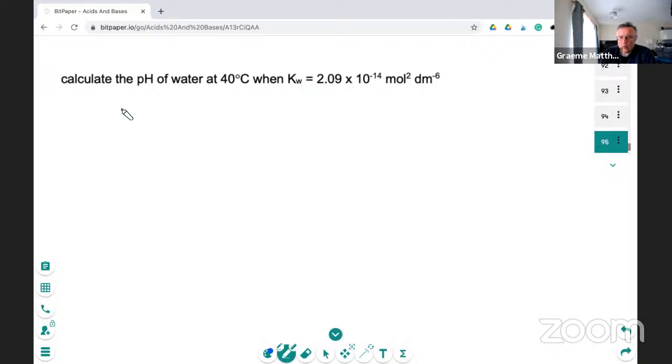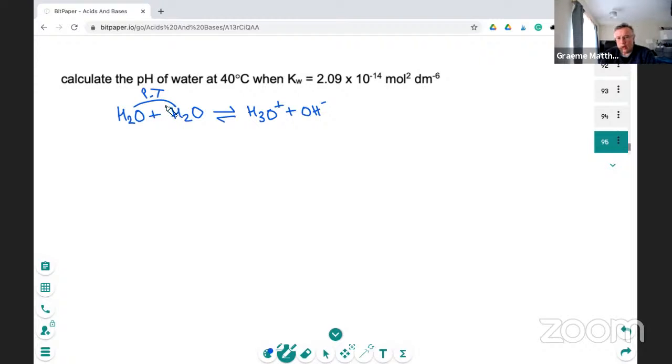All right, so a quick review. Did we not say that water is amphiprotic, meaning that it can act as an acid and a base? And so you're going to have H3O plus and OH minus ions because you've got the proton transfer, since we're using the Bronsted-Lowry definition of an acid and a base.